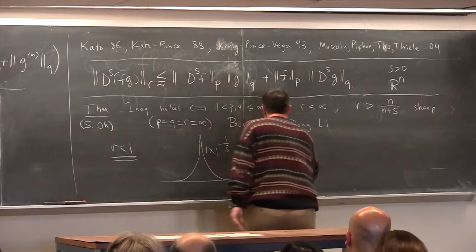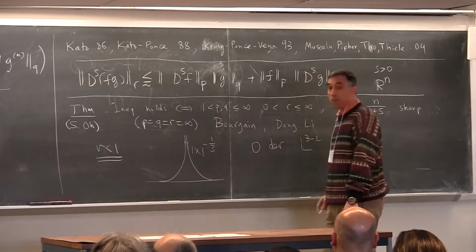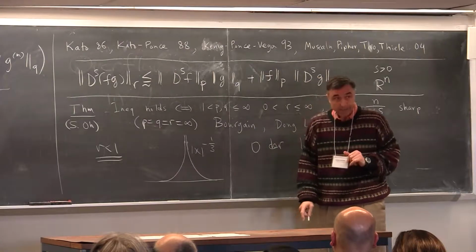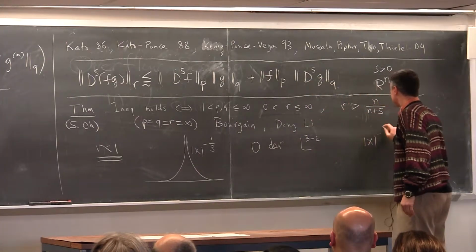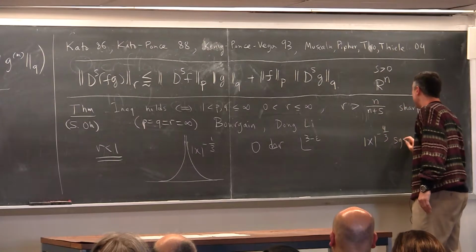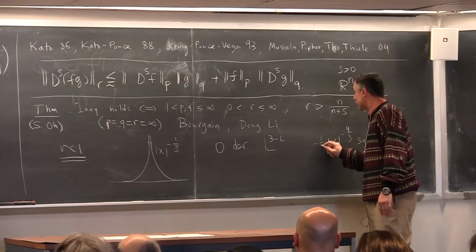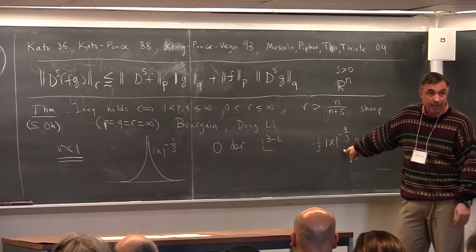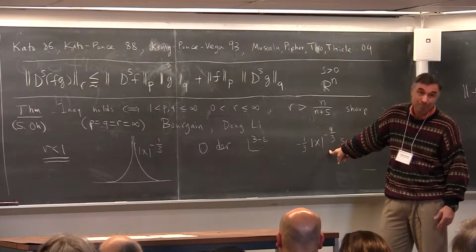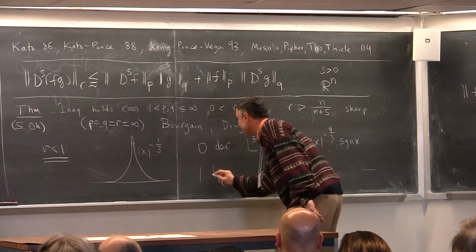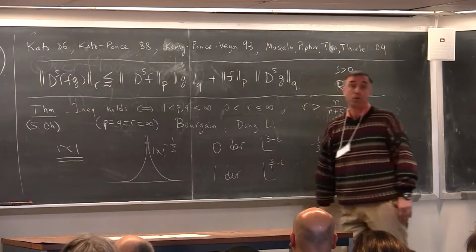So this function has 0 derivatives in L3 minus epsilon. But also, we can differentiate it. Anybody can differentiate this function. You're going to get x to the minus 4/3 times the signum of x times minus a third. And this function, you can look at this and say, this is in L3/4 minus epsilon. So it has one derivative in L3/4, which is less than 1 already.